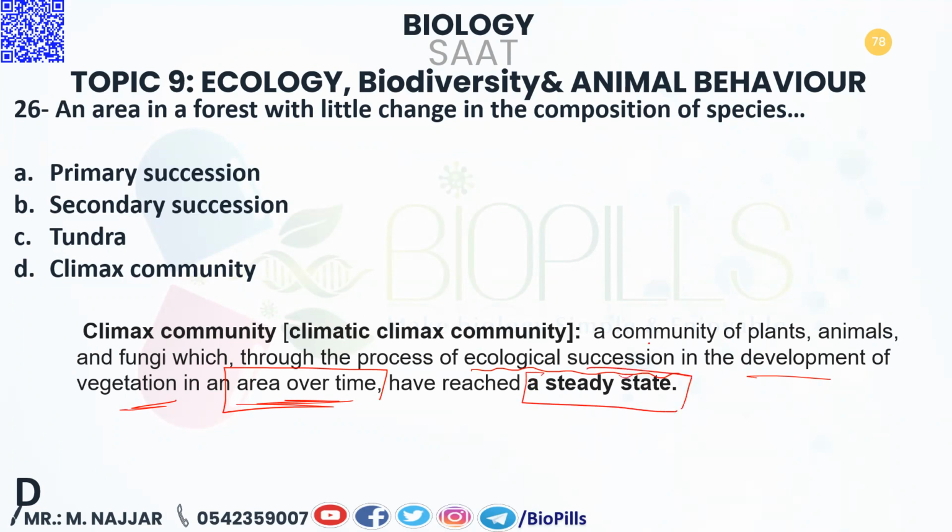This steady state is referred to as the climatic climax community, or the climax community, where there is little change. Why? It is already steady, the maximum. So there is no more adding or taking out from the community. Yes, exactly. It's the definition of climax community.